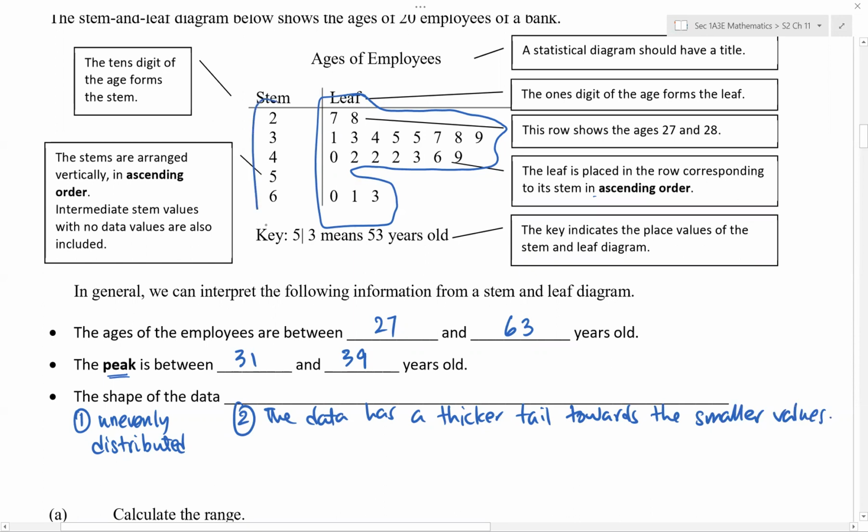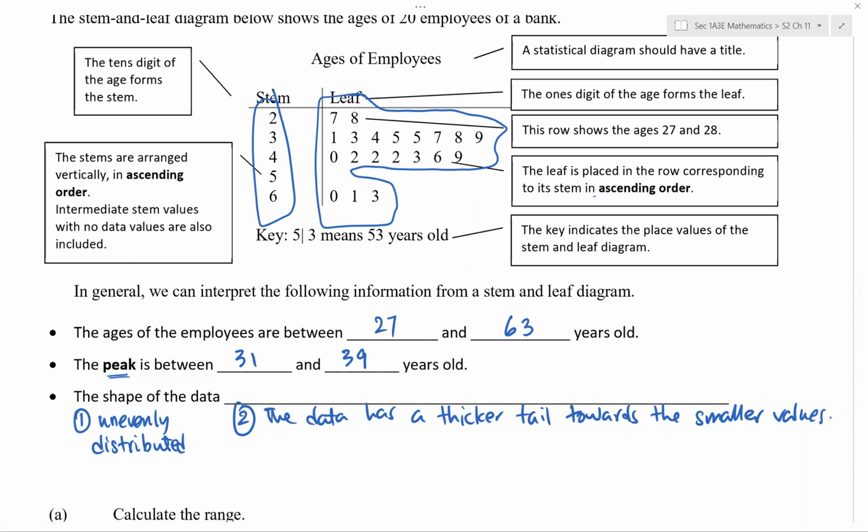For stems with the digits from 2 to 6, the smaller values would be the 2s, the 3s, and the 4s is neither here nor there. And we can see that we have many leaves found at the smaller stem digits. So we say that it has a very thick tail towards the smaller values.